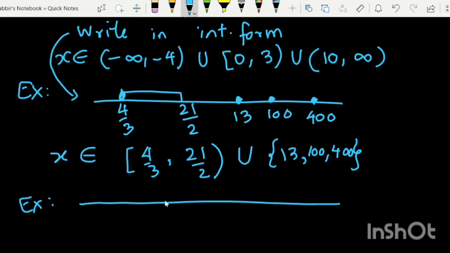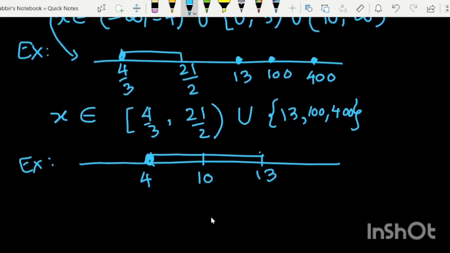And let's take one more example. 4 to 13, this is 10. Now this 10 means what? The solution set is to be written in interval form. Again the question is the same, write it down in interval form. We have two options of writing this, guys.